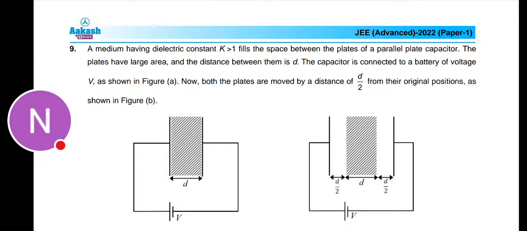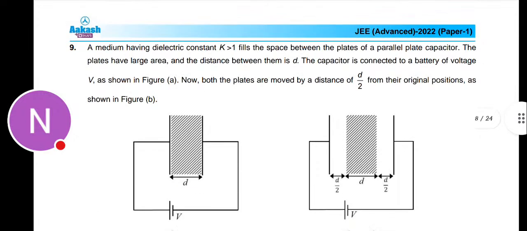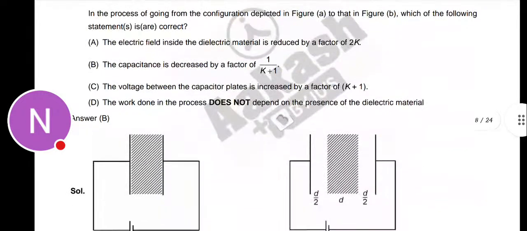The plates have large area and the distance between them is d. The capacitor is connected to a battery of voltage V as shown in figure A. Now both the plates are moved by a distance of d by 2 from the original position as shown in figure B.